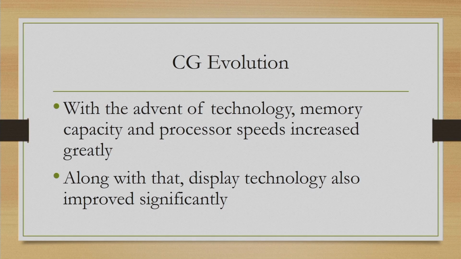Now, with the advent of technology, other things changed. We have now higher memory capacity and increased processor speeds. Along with those changes, the display technology also improved significantly. So, we had three broad developments: memory capacity enhancement, processor speed increase, as well as improvement in display technology.